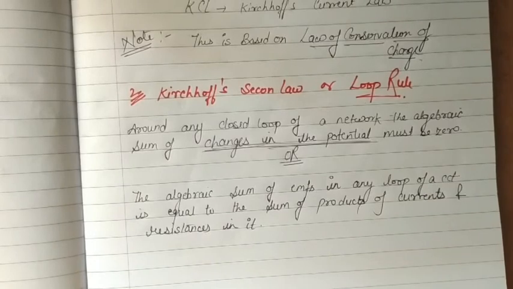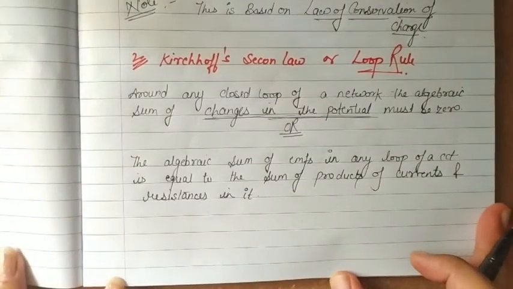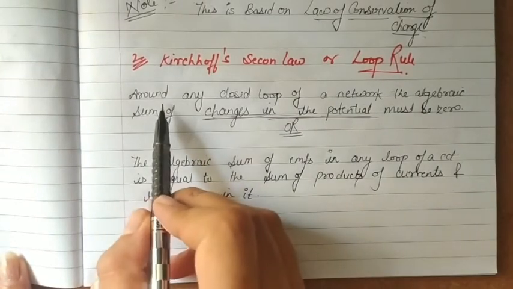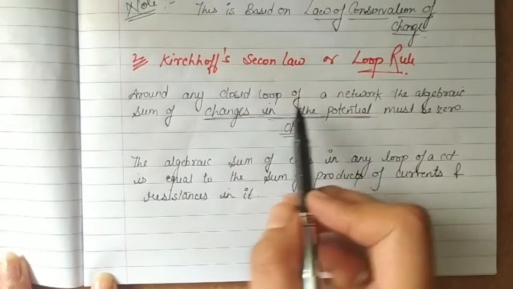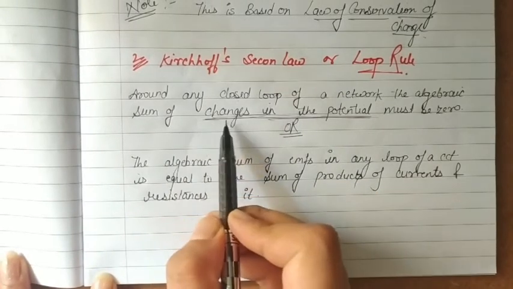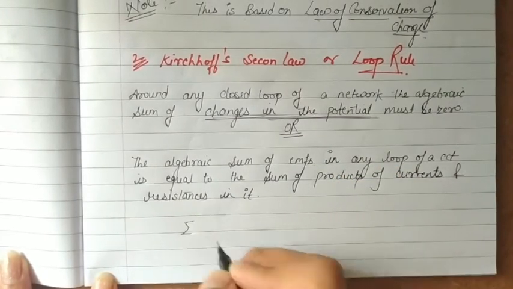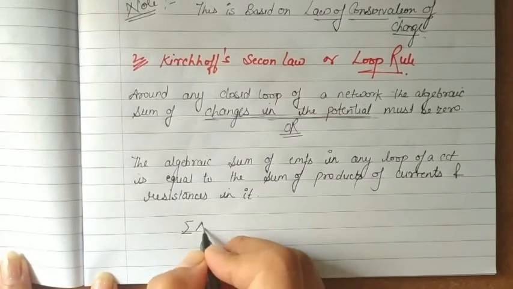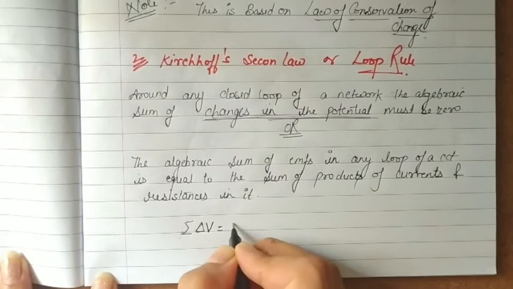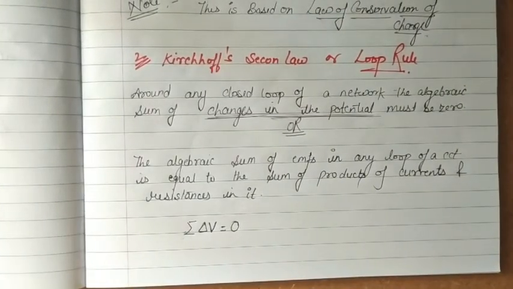Mathematically we can write these two statements as follows. First statement: around any closed loop of a network the algebraic sum of changes in the potential must be 0. The algebraic sum, so we are taking summation, of changes in the potential, delta representing changes in the potential, must be 0. That means summation delta V must be 0.